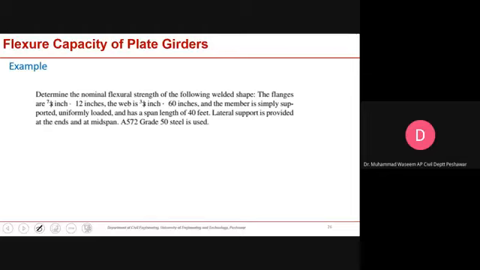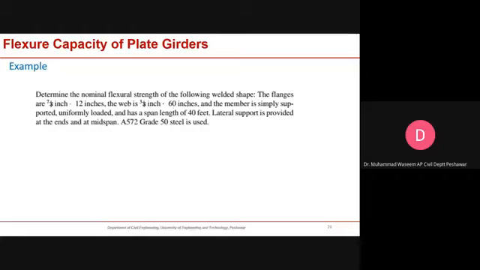Okay, now we will go through another problem that is based on flexure. We have to determine the flexural capacity of a shape. There is some misprinting here. The flanges are 7/8 inches thick and 12 inches wide. The web is 3/8 inches thick, we have to see.